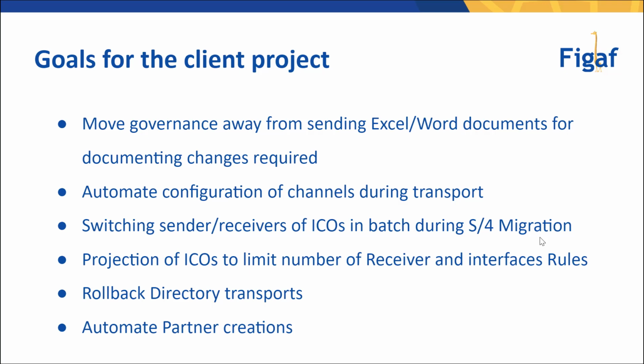Then they wanted a way to roll back a transport. So if they had done a transport, they would like to say, okay, let's roll back this transport and start over. And then we talked about also creating a tool to automate partner creation.